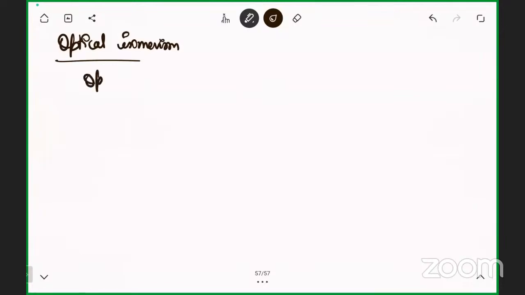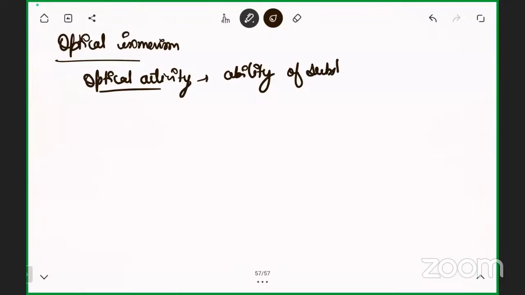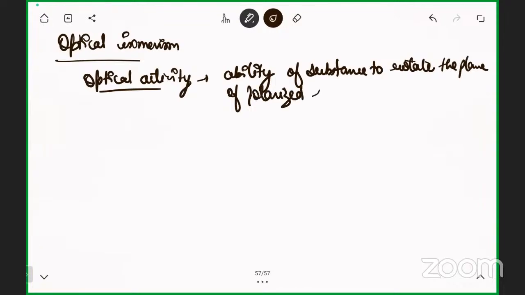What is optical activity? First, listen to this. It is the ability of a substance to rotate the plane of polarized light.